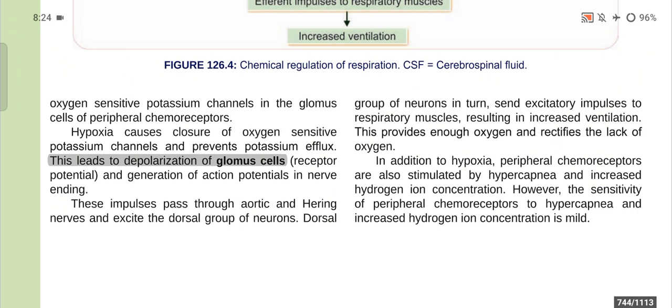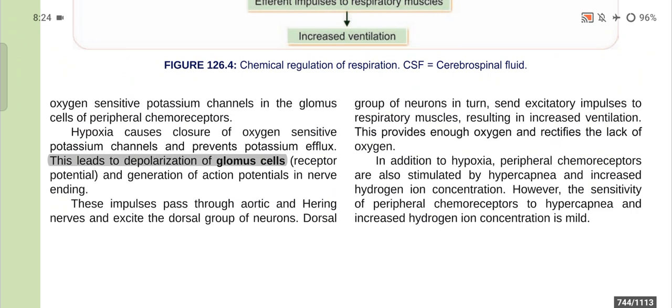Now, hypoxia causes closure of oxygen sensitive potassium channels and prevents potassium efflux. This leads to depolarization of glomus cells, that is receptor potential, and generation of action potential in the nerve ending. Now, these impulses pass through the aortic and Hering nerves and excite the dorsal group of neurons. The dorsal group of neurons in turn send excitatory impulses to respiratory muscles, which results in increased ventilation.